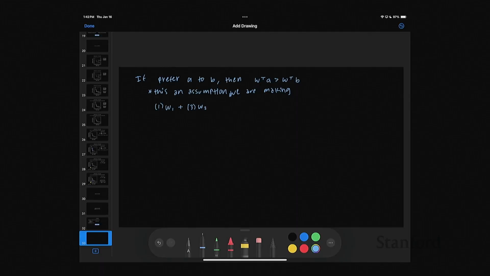Is that right? 136. Okay, great. And you preferred that to the 712. Yeah, okay, perfect. So it's 3 Sour Patch Kids plus 6 Skittles. So we know that that must be greater than 7 times W1 plus 1 times W2 plus 2 times W3. Okay, so we just expanded both of these sides.